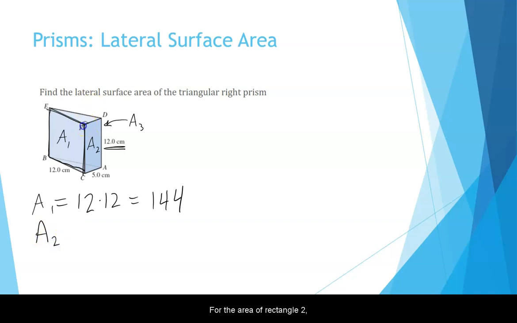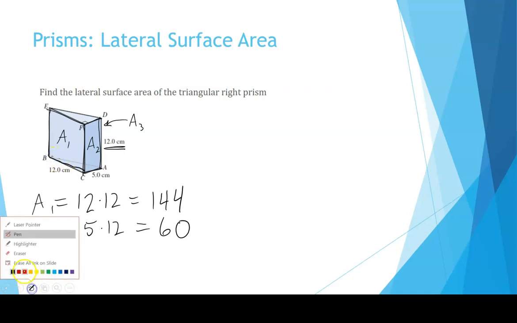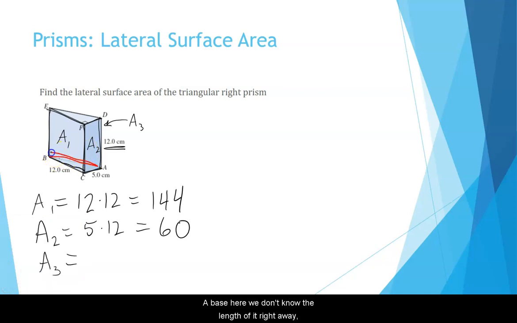For the area of rectangle 2, I see it has a width of 5 and a height of 12, so that area is 60. And for area 3, I wish I could pick this up and turn it around to show you. We have a base here. We don't know the length of it right away, and then we have a height of 12. So to figure out this third area, we need to figure out the hypotenuse of that right triangle.